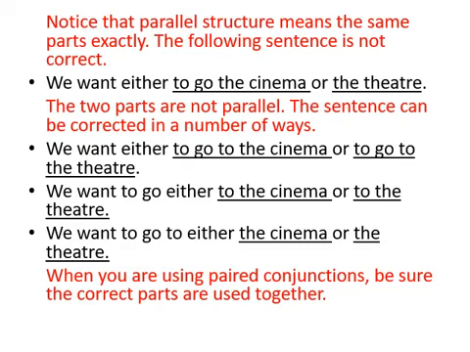في كذا حاجة صح للجملة دي. ممكن أقول we want either to go to the cinema or to go to the theater، وممكن أقول we want to go، خليت to go في الأول، either to the cinema or to the theater. ولو جبت either قبل كده هقول we want to go to either the cinema or the theater.